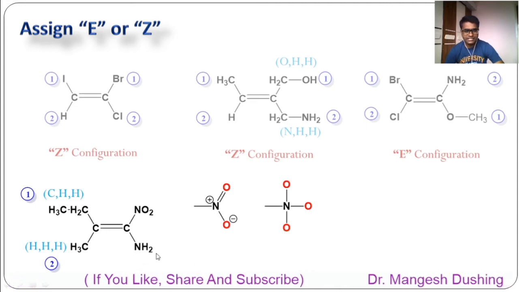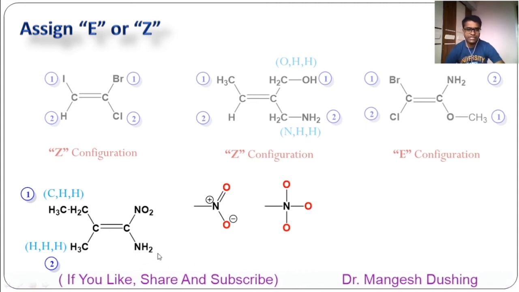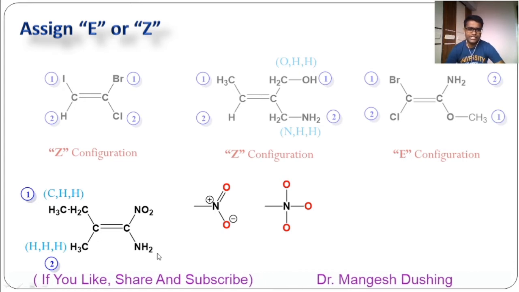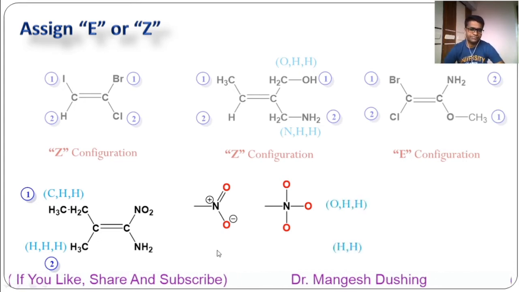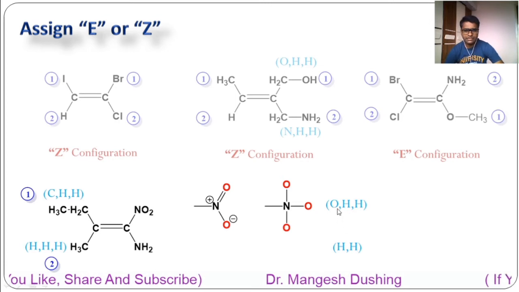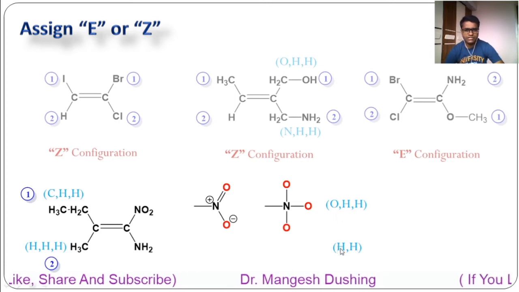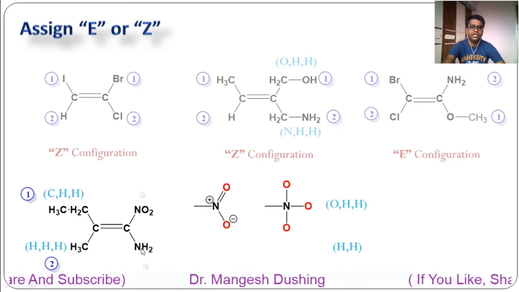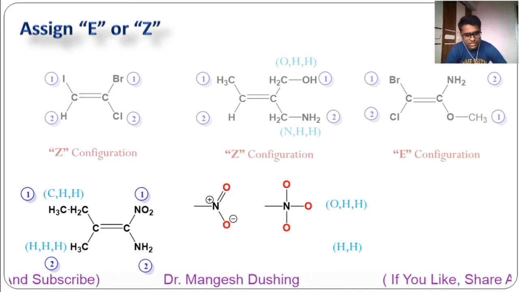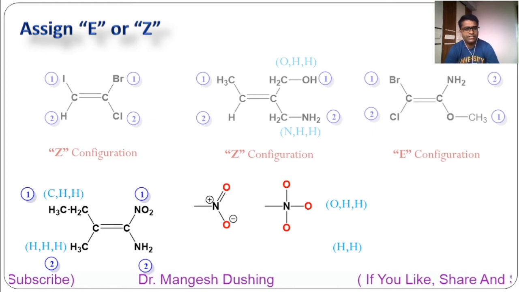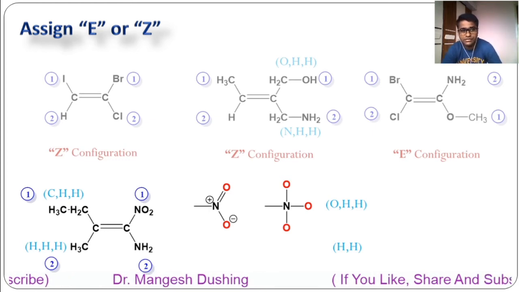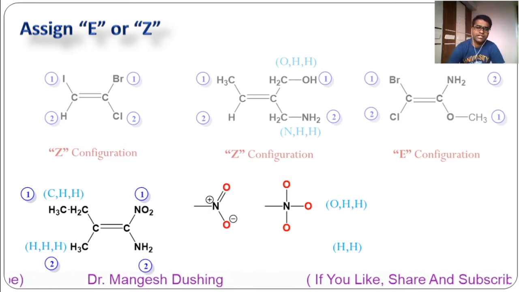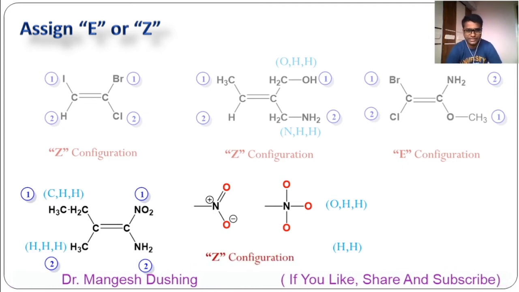In this case, next 3 atoms are not possible because nitrogen valence is only 3. So the next 2 atoms are hydrogen and hydrogen. So first atom is oxygen, first atom is hydrogen. So first priority to the nitro group and second priority to the amine group. So similar groups are on the same side of the double bond. So what is this isomer? Yes, Z isomer, correct.